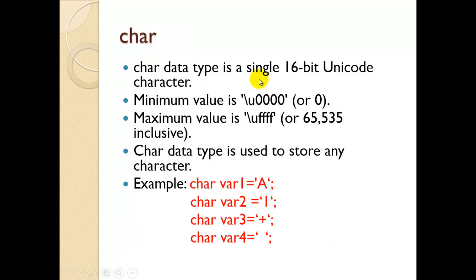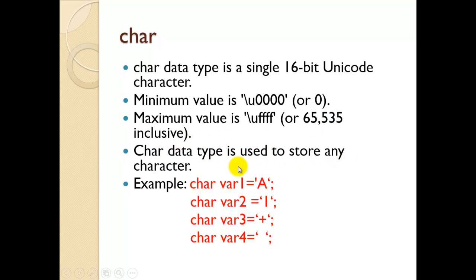Character data type. The char data type is a single 16-bit Unicode character. The minimum value is \u0000, which is a Unicode symbol, and the maximum value is \uffff. This Unicode is for 0, and this Unicode is for 65,535. Each Unicode is represented as some character.